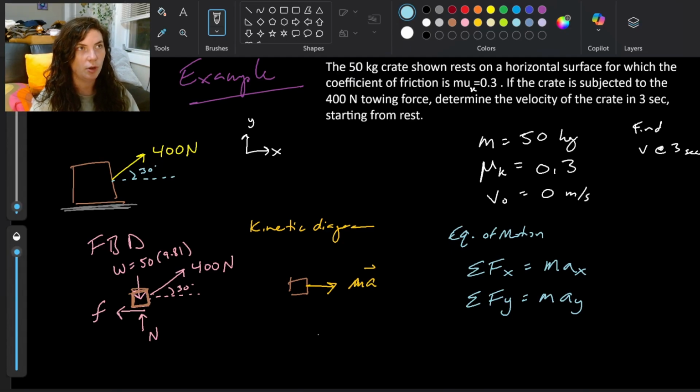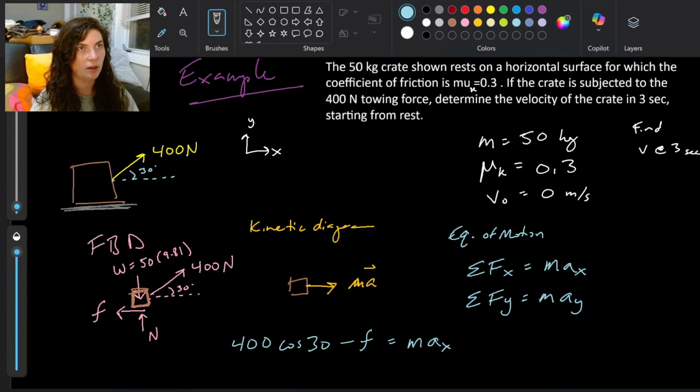So my x components, I have the x component of the 400 Newton force, so 400 cosine 30. And then my only other x is going to be the frictional force. That's in the negative x direction, so minus the frictional force equals m times ax.